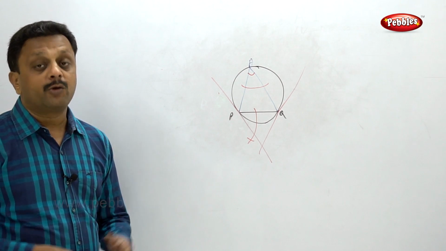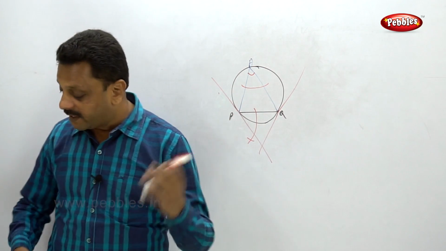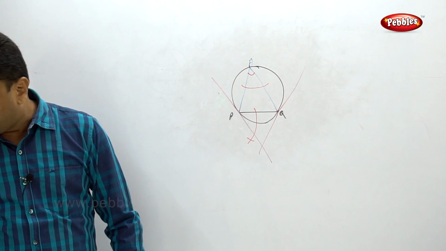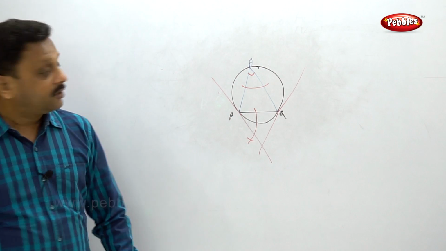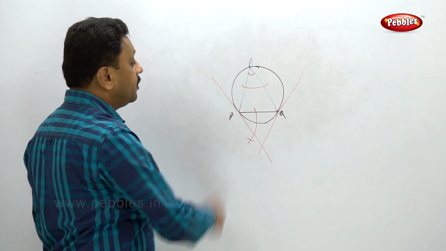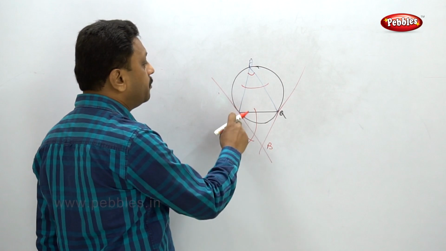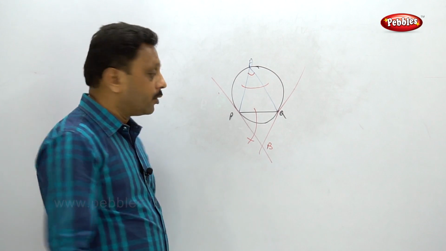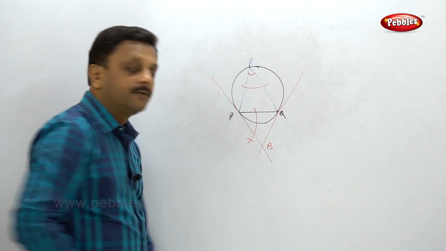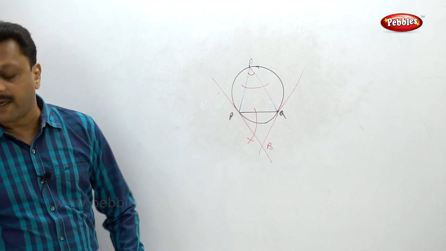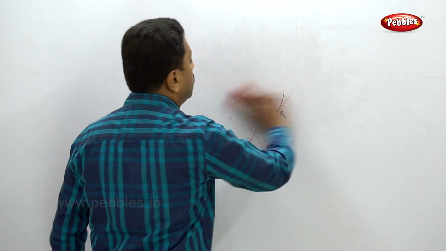Here we have not used the center of the circle. Simple example. Next, 7th example. As the answer you write that angle A, give some name here, B, angle PAQ is congruent to angle QPB and congruent to angle PQB. As an answer write that angles in alternate segments are equal.